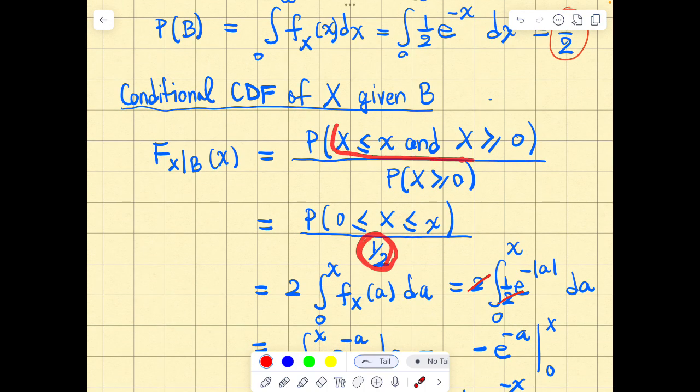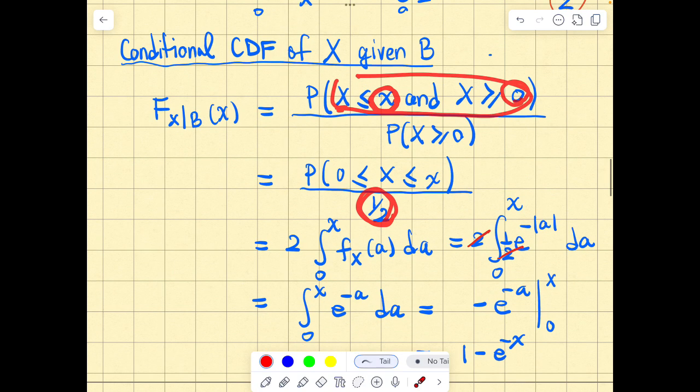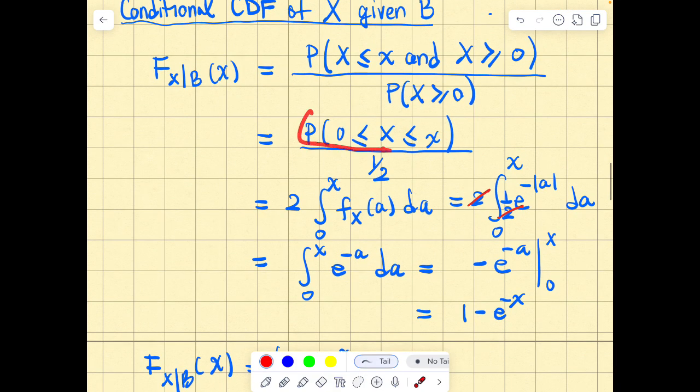The probability on the top, you see that X has to be less than this number, small case x, but it has to be bigger than 0. We can combine this into one interval. That means the random variable has to be between 0 and some number x. Okay. So how do you find this probability?